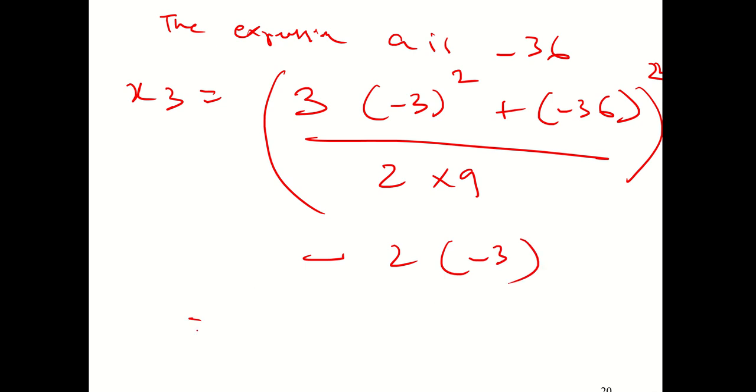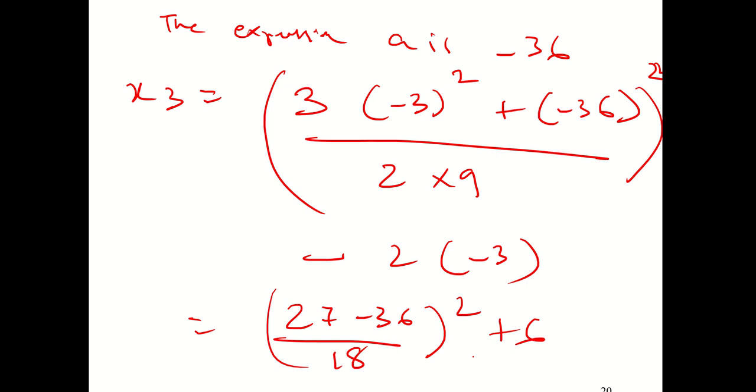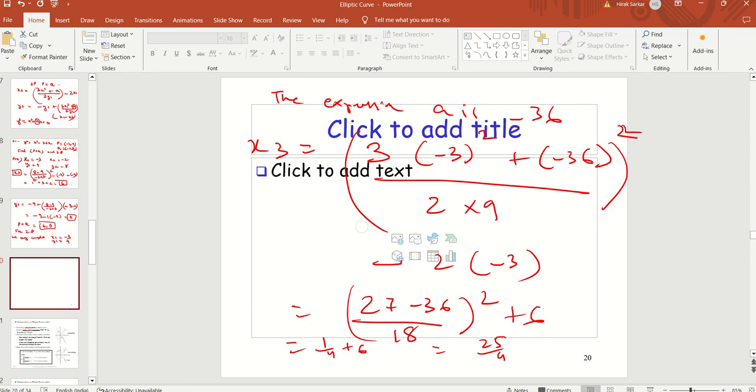So you get 27 minus 36 by 18, whole square, plus 6. So this gives 1 by 4 plus 6, which is equal to 25 by 4. This is the x3 part.